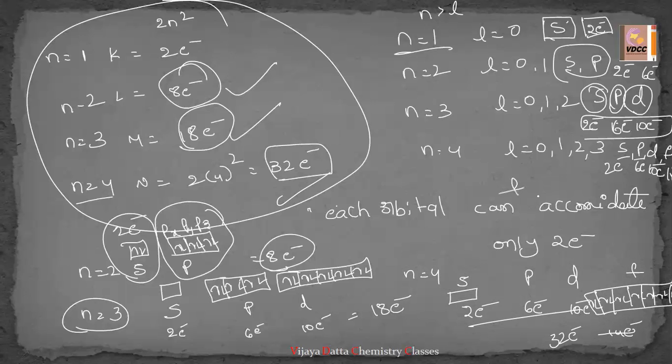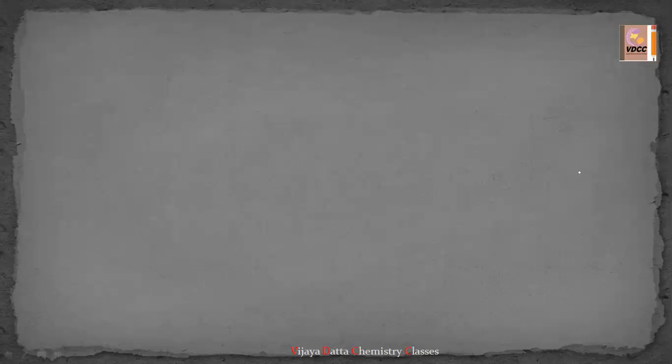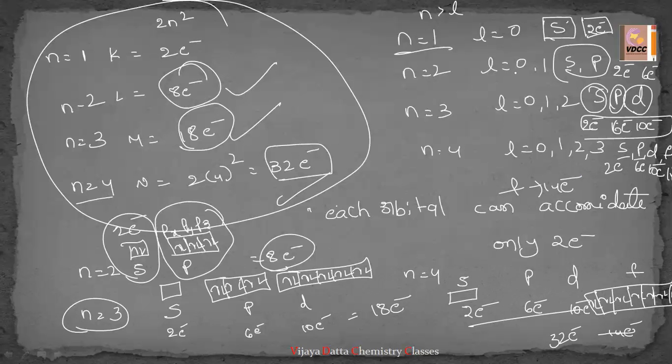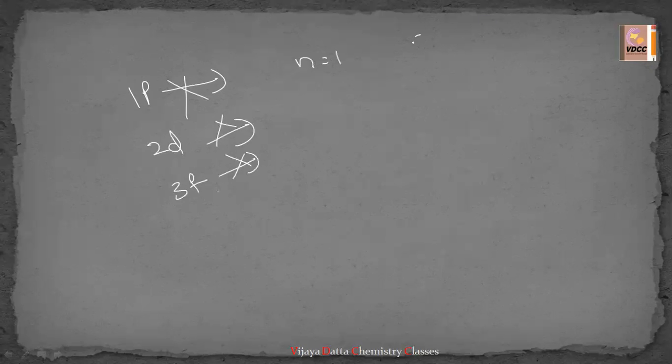One more important point I want to tell you. Is 1p existing, 2d existing, 3f existing? No, they are not existing. Why? Because if you observe clearly, the p orbital starts from n equal to 2. When n equal to 1, there is only one orbital, the s orbital. When n equal to 2, there are s and p orbitals.